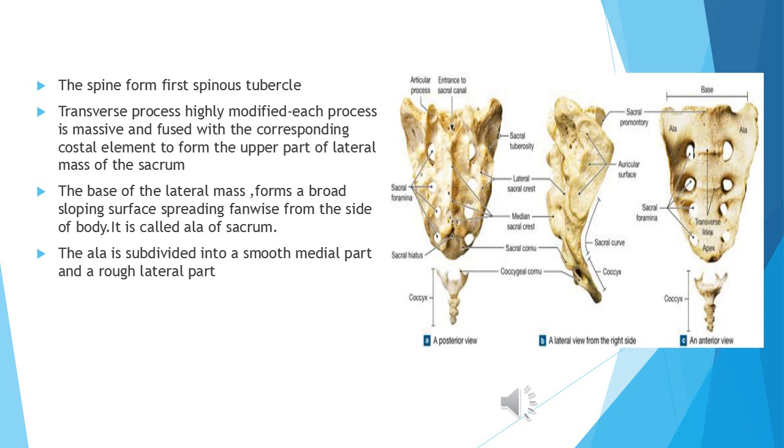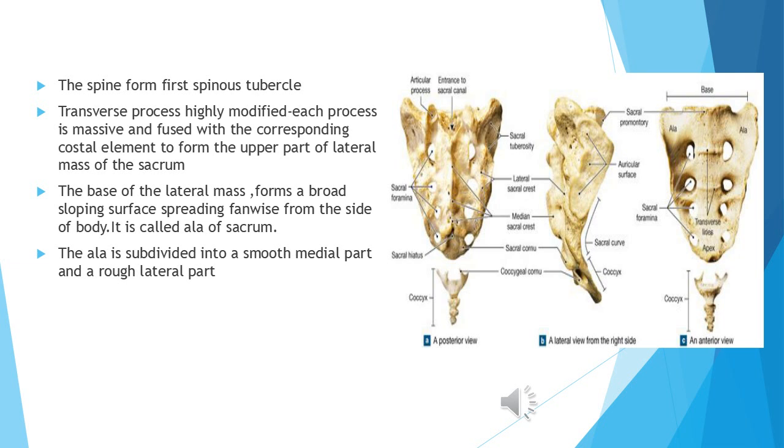Then coming to the transverse process, it is highly modified. In the case of the sacral vertebra, this transverse process is articulating with the costal element anteriorly, and it is forming the lateral mass of the sacrum. The upper part of this lateral mass, or the base of the lateral mass, is formed by the fusion of the transverse process of the first sacral vertebra with its corresponding costal element anteriorly.